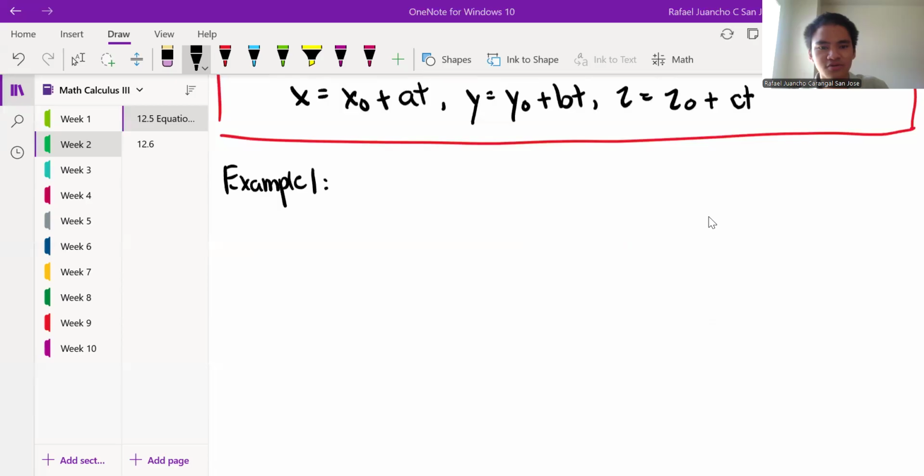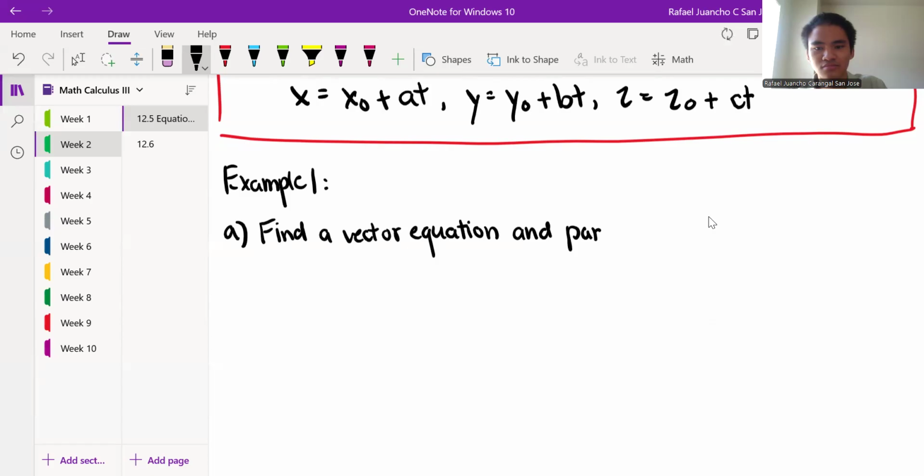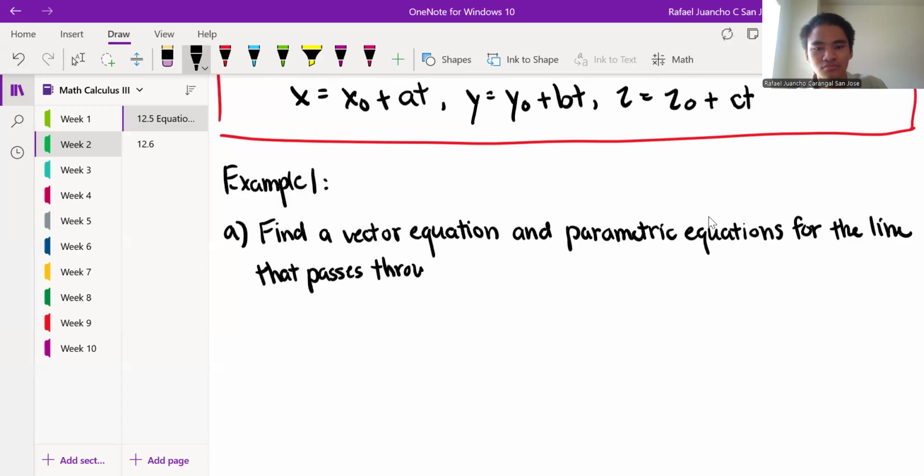For letter A, we want to find a vector equation and parametric equations for the line that passes through point 5, 1, 3.